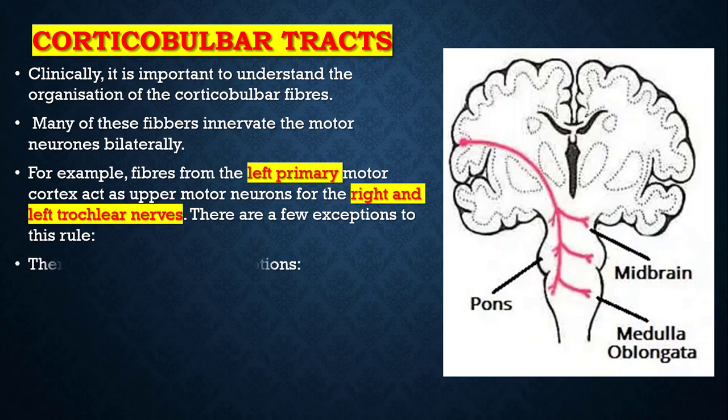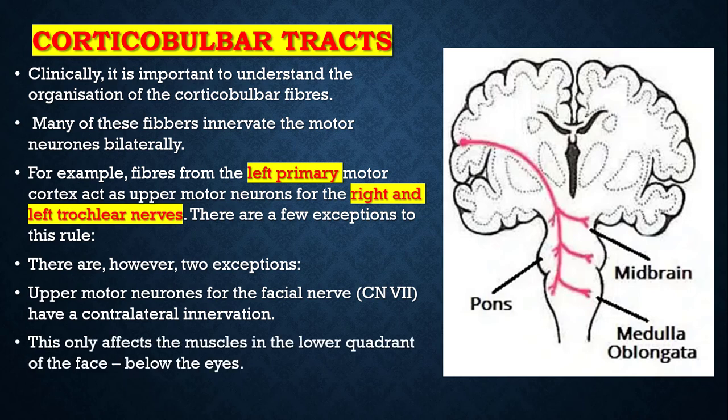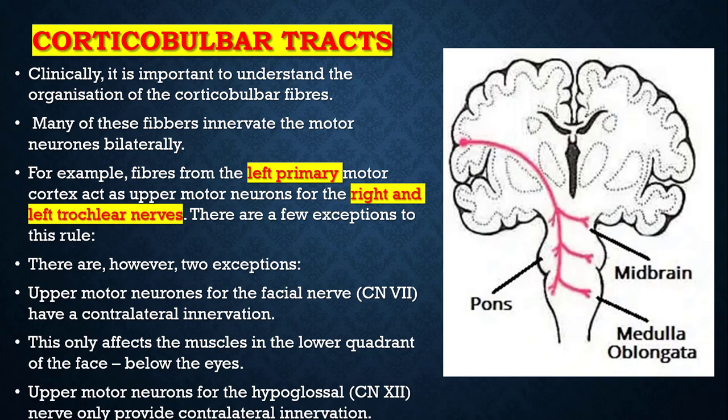There are, however, 2 exceptions to this rule. Upper motor neurons for the facial nerve have a contralateral innervation. This only affects the muscles in the lower quadrant of the face below the eye. Upper motor neurons of the hypoglossal nerve only provide contralateral innervation.